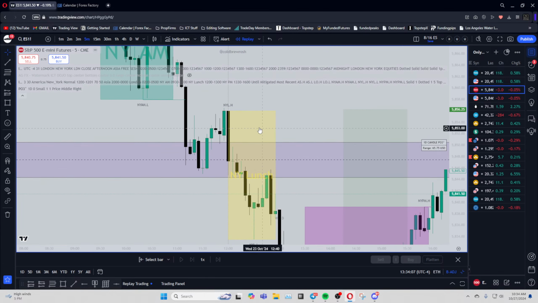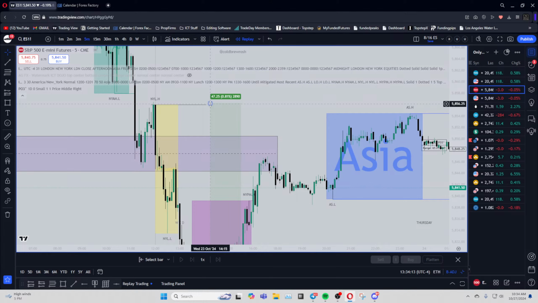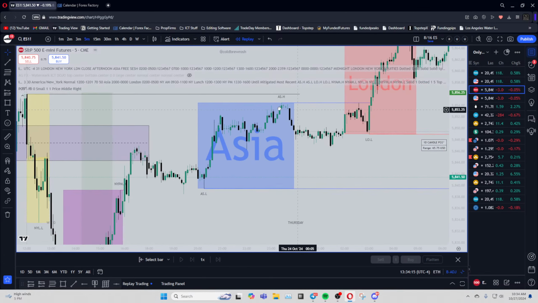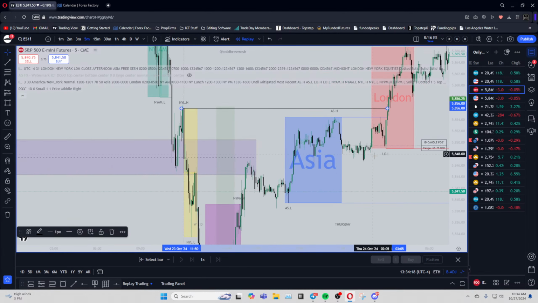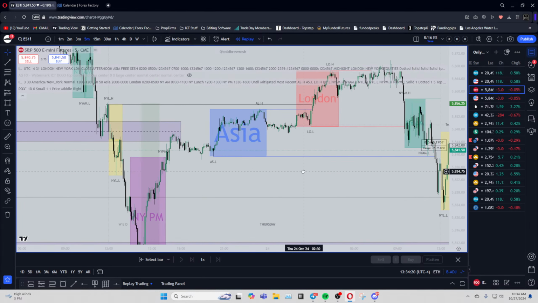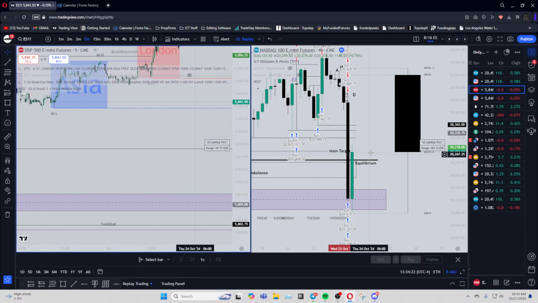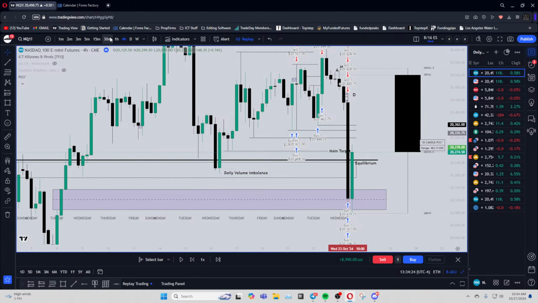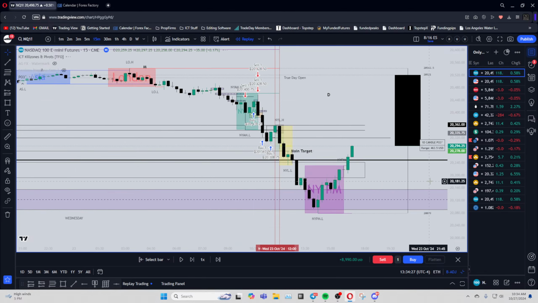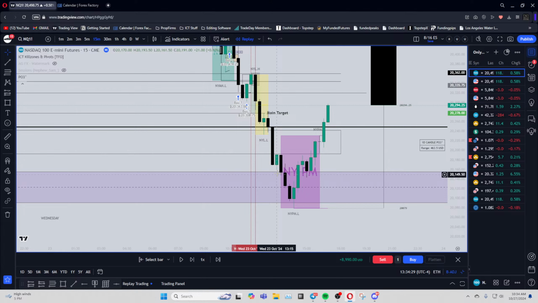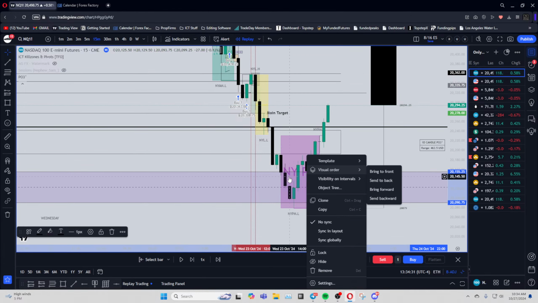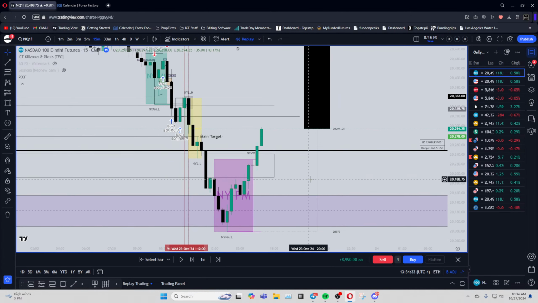Another thing that I noticed right here, this vortex candle, no wick. We trade up later into the following day. So yeah, that's what it looks like. Same entry model in here. You have IFEG. You just enter off of that.